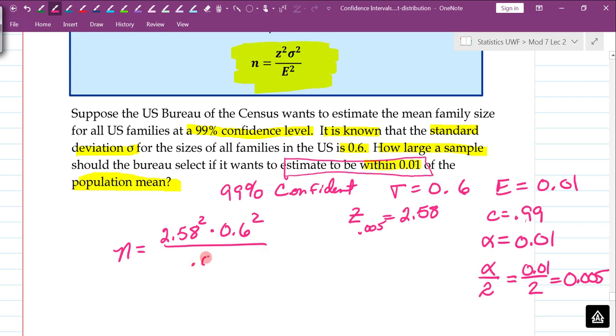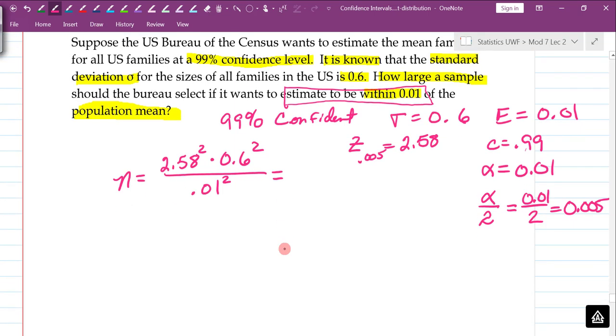And you might find that it's easier to use the UWF formula that's on your sheet there, because then that would be 2.58 times 0.6 divided by 0.01, and then we'll square the result. That might just be a little easier in the calculator, all said and done.